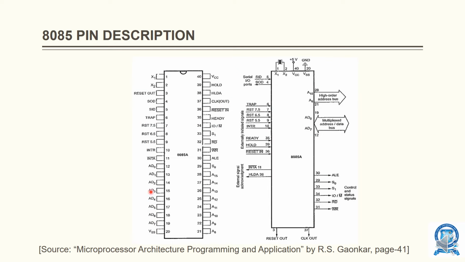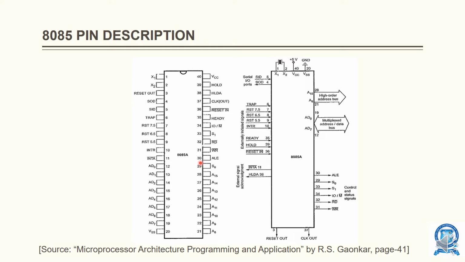See over here, pin number 12 to 19. These can be used for transferring both the address and data. So here, how does the processor identify whether the signal given is a data or an address? It's based on pin number 30, that is ALE, address latch enable.